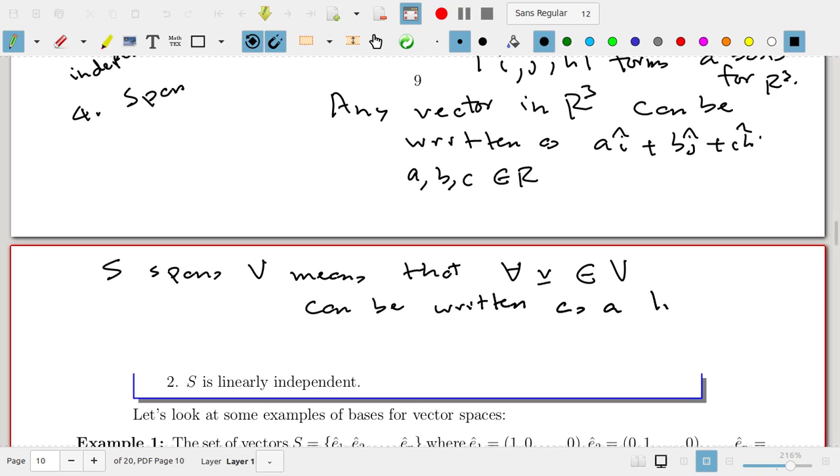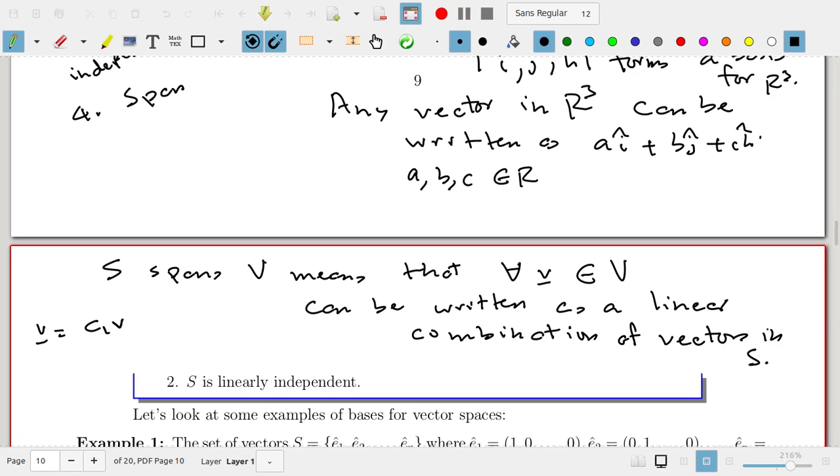a linear combination of vectors in S, meaning that this v may be written as c1 v1 plus c2 v2 plus ... plus cn vn.